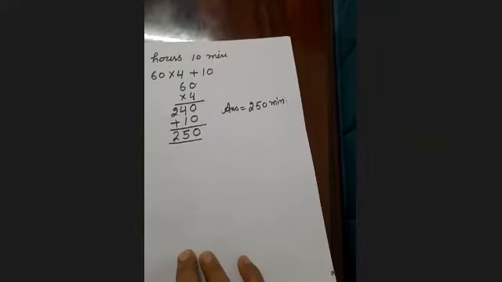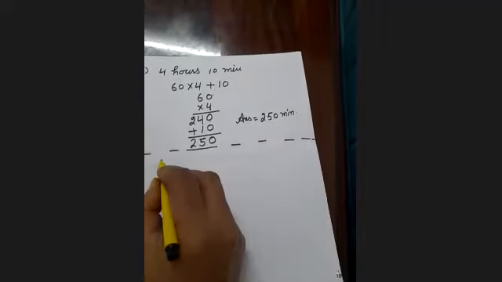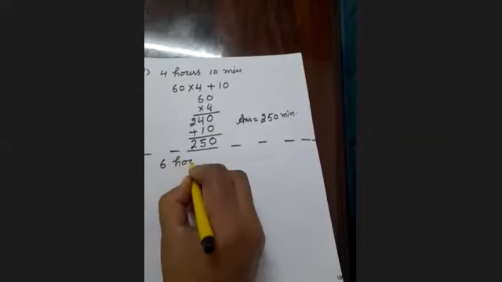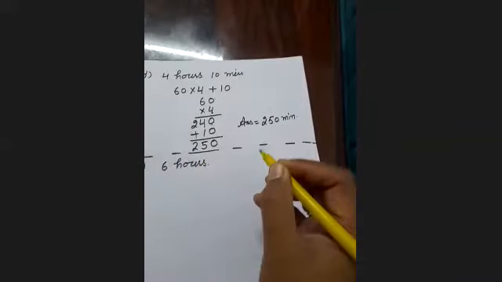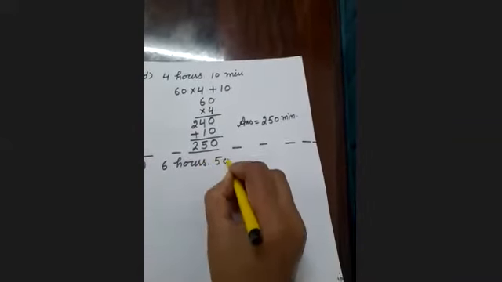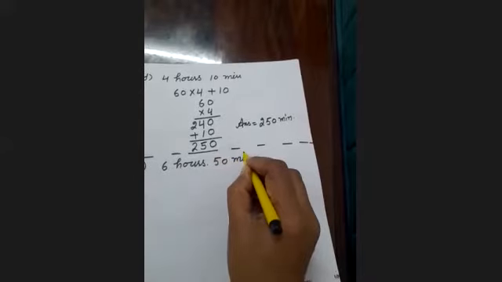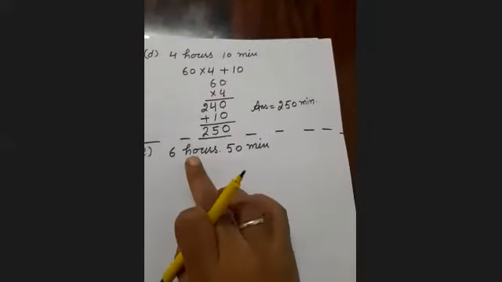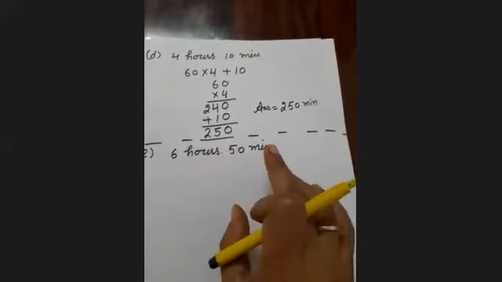Next is part E, 6 hours and 50 minutes. Again, students, first we'll convert 6 hours into minutes.